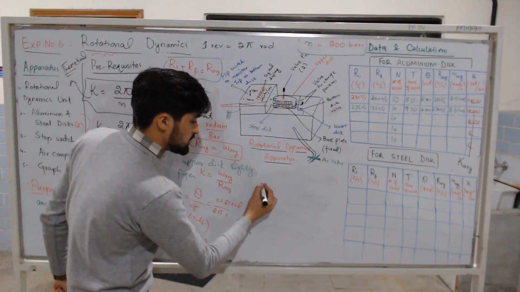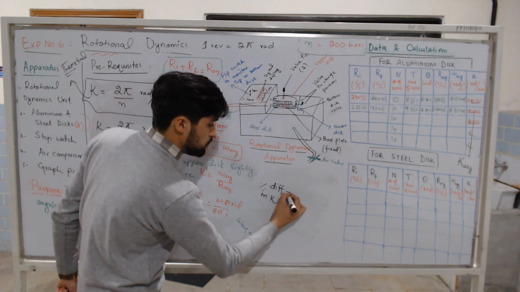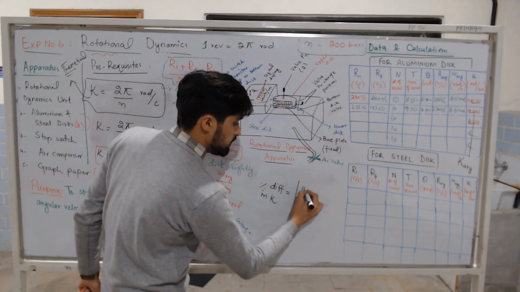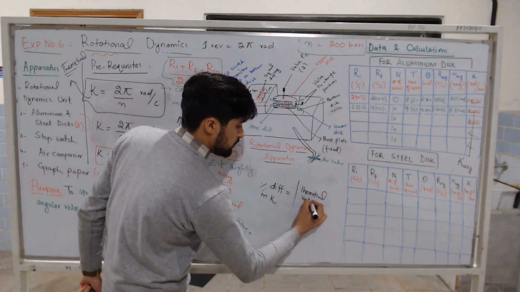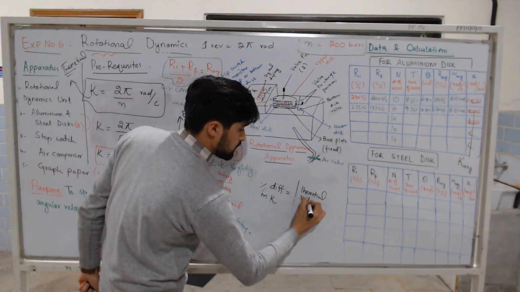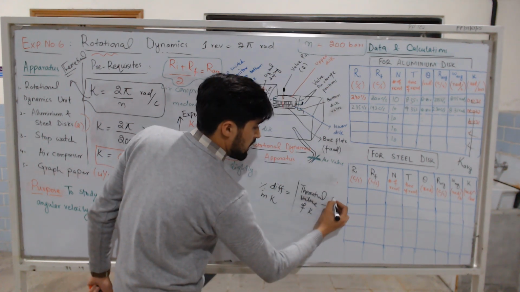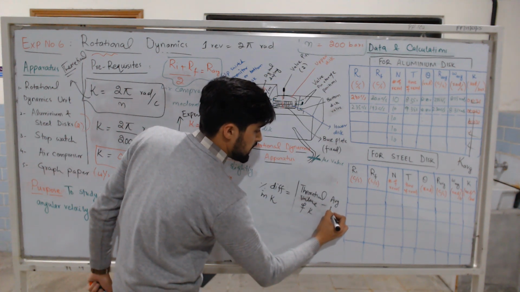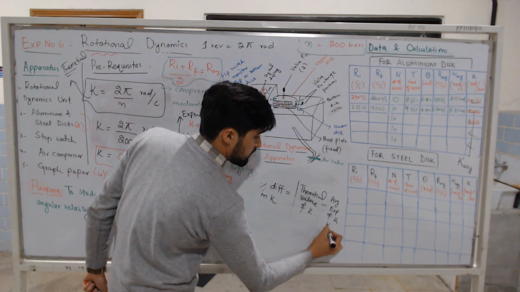So the percentage difference in K is equal to the absolute value of the theoretical value of K minus the average experimental value of K, which is K average.